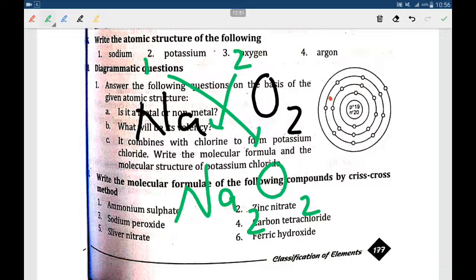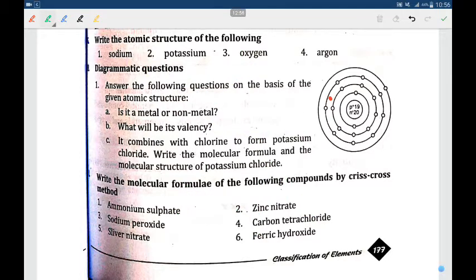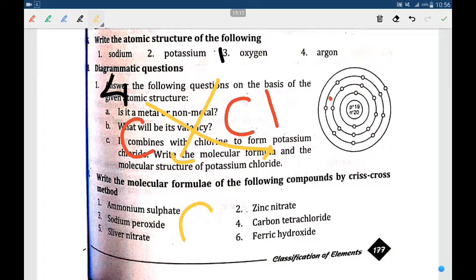Na2O2. Okay. Now carbon tetrachloride. I am going to show you. Carbon is C, chlorine is Cl. Valency of carbon 4, chlorine is 1. Criss cross. Now what can you write here? CCl4.